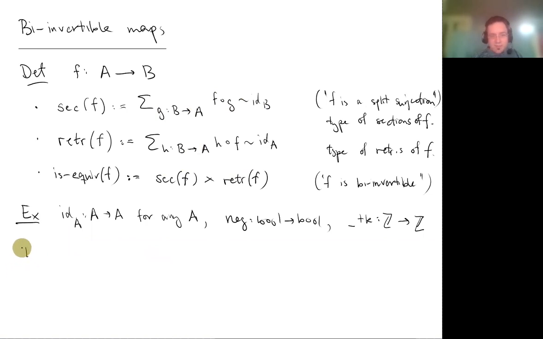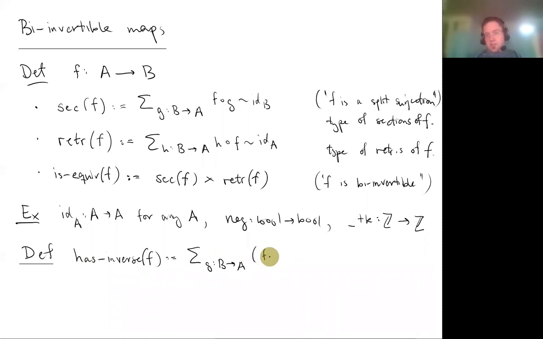So let's make a definition of that type, and then we'll look a bit at it and compare it with our definition of equivalence. So the type of inverses of f, which in the book is called has inverse, is the sigma type of a function going in the other direction, and then the two homotopies.